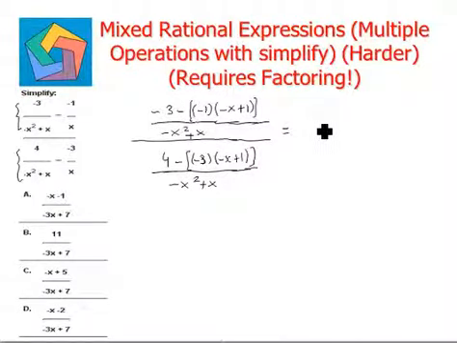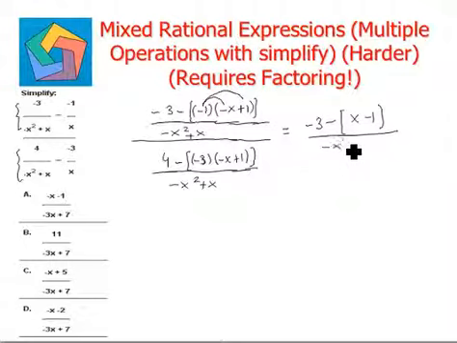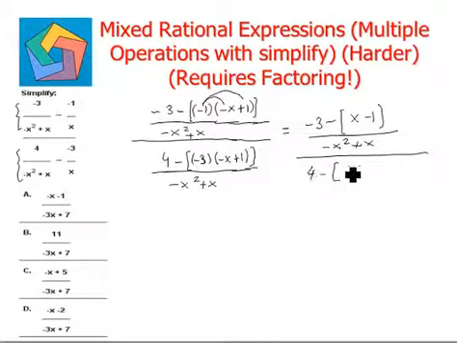We have negative 3 minus, inside the square parentheses we have x minus 1, because the negative times negative is positive and negative times positive is a negative, divided by negative x squared plus x divided by 4 minus 3x minus 3. Again the same thing, a negative times negative is a positive, while a negative times positive is a negative, divided by negative x squared plus x.